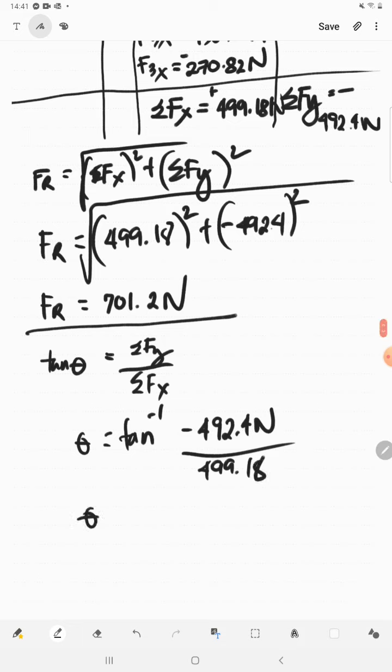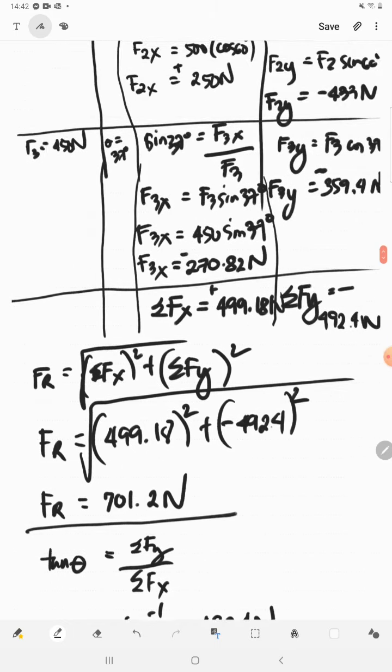So our theta is negative 44.6 degrees. So this is our answer for this problem.